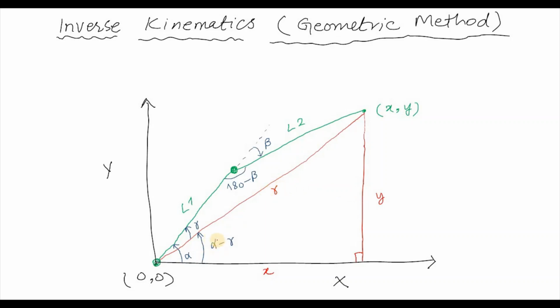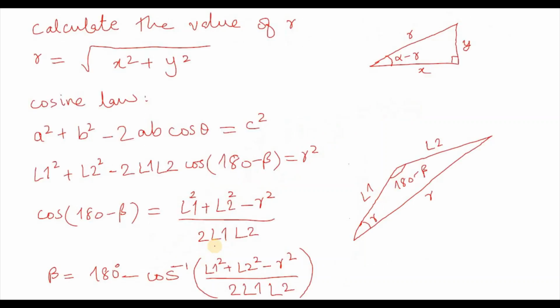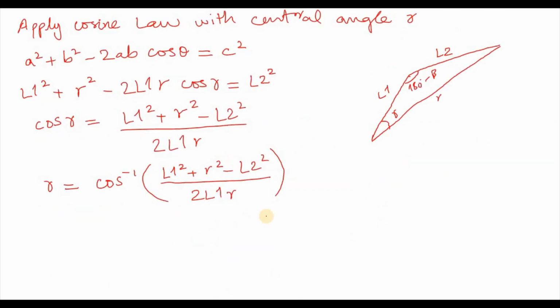So from here we can calculate our angle alpha. So let's draw this triangle again here, the right angle triangle. Alpha minus gamma. This was R, this was your Y, and this was X.